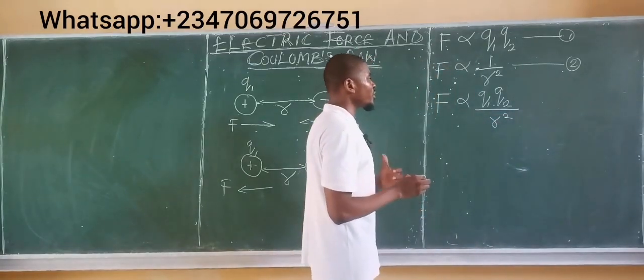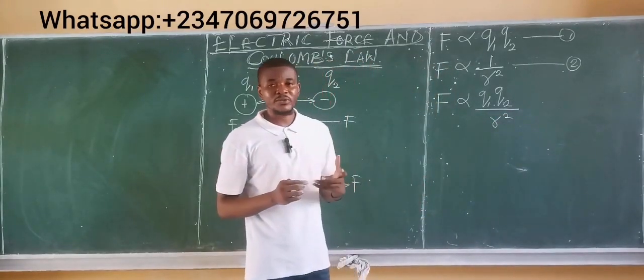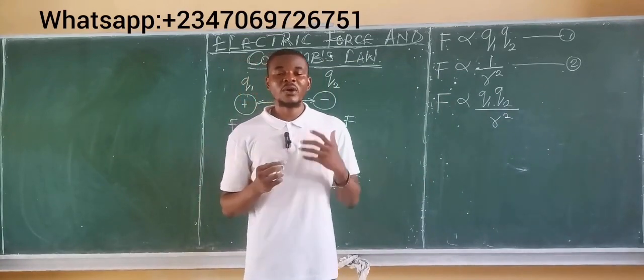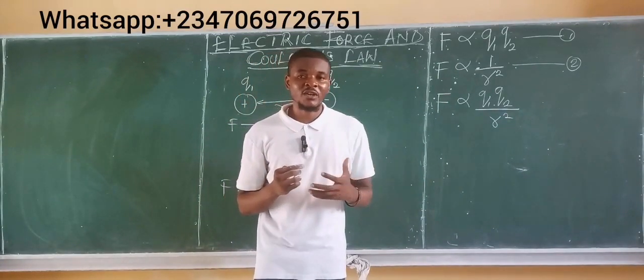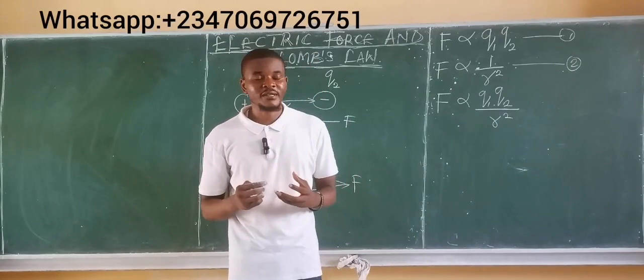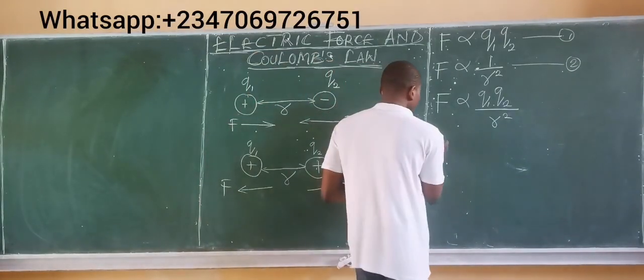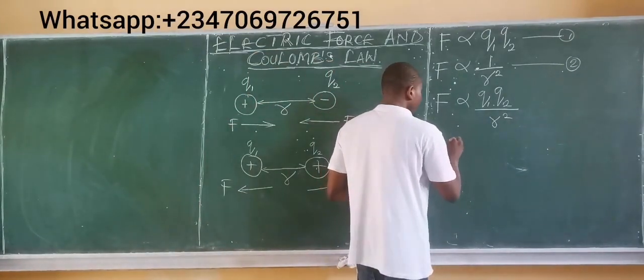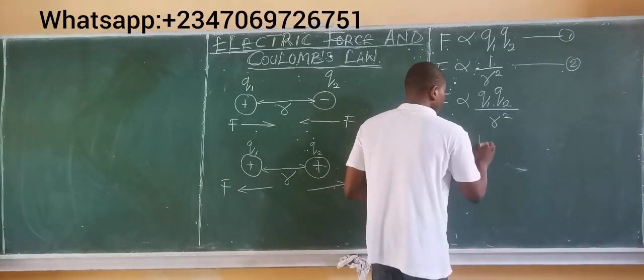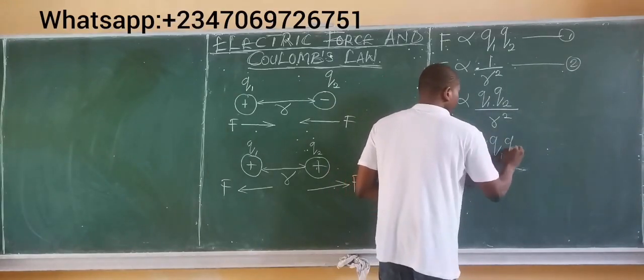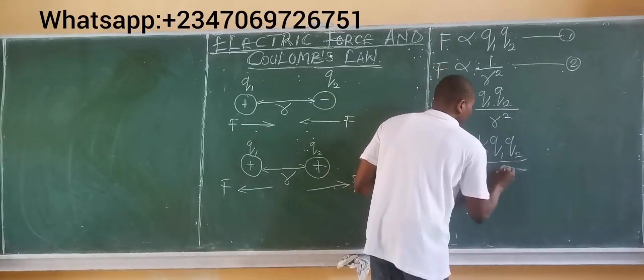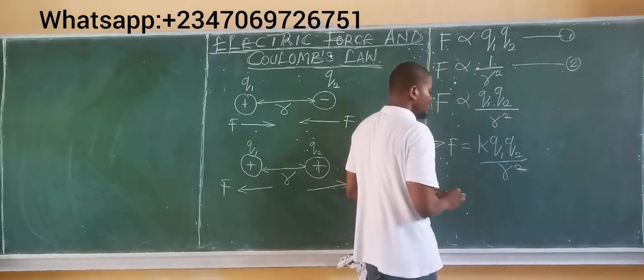Now if you take away this proportionality sign, whenever we take away a proportionality sign, we always introduce a constant. So this simply implies that force is equal to K Q1 Q2 all over R squared.